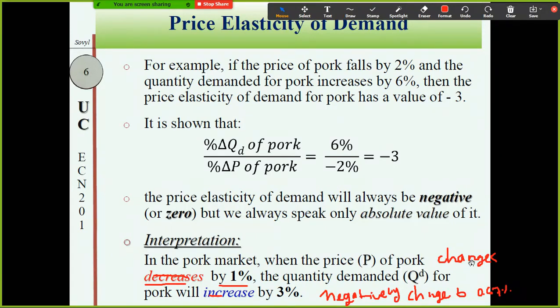If the previous one goes up, negatively change for Q will be go down. Or if P goes down, negatively change of Q will go up. Because we don't know, if you say change, we don't know whether it changes in the same direction or a different direction. But if you know exactly here decrease and increase, they change in different directions. That's why this is negative. Okay.